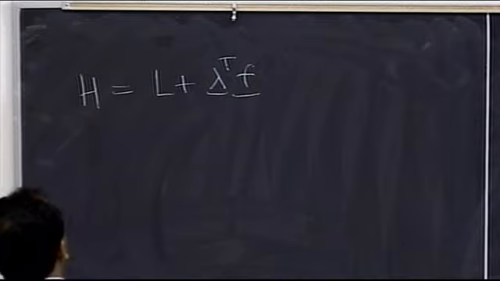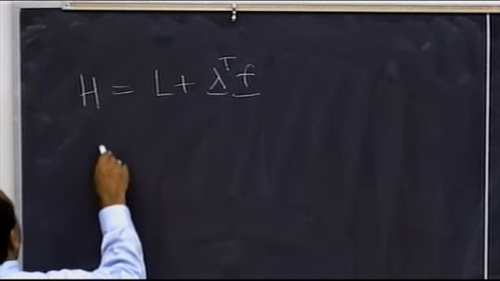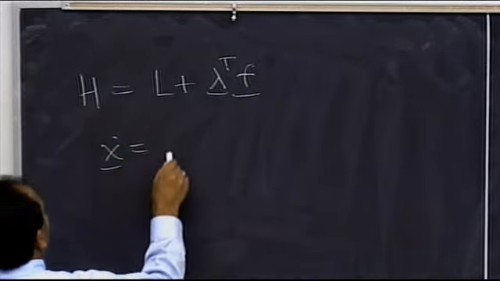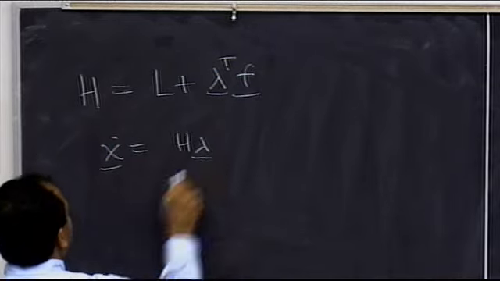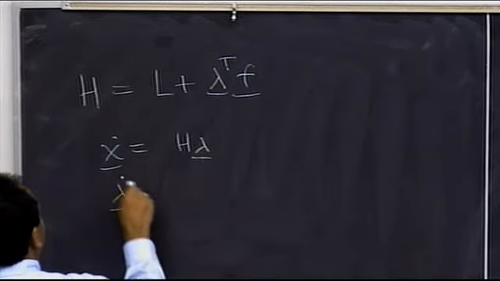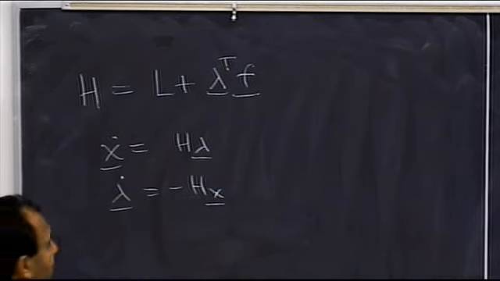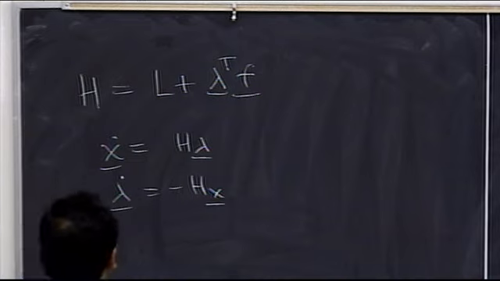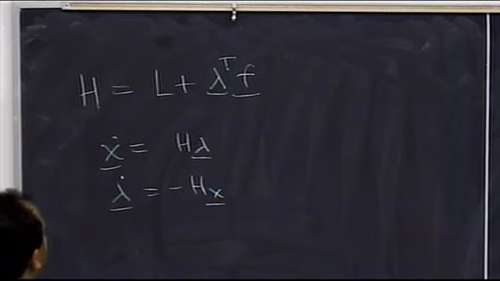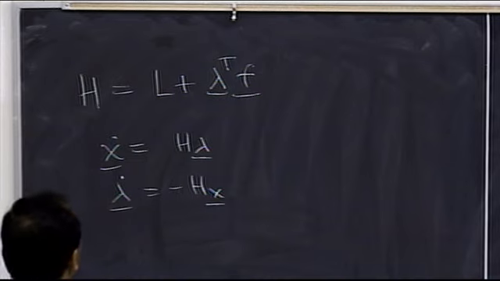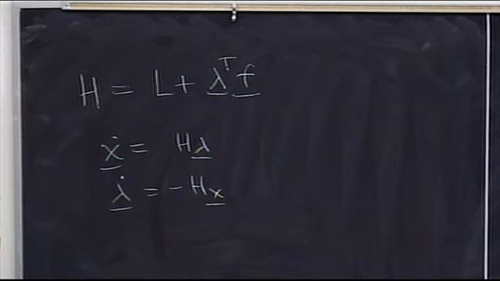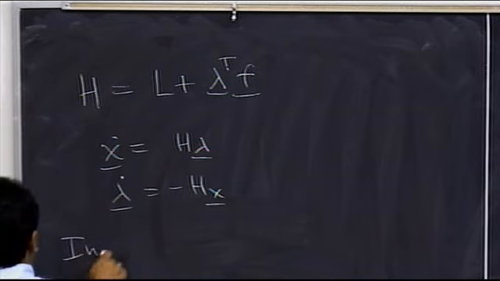Now, you'll recall that the equations that come out of the optimality conditions, and I've written these down many times at this point, look like that. These are the Hamiltonian equations. So from this, you can see something interesting. Let's suppose I write these in scalar form.